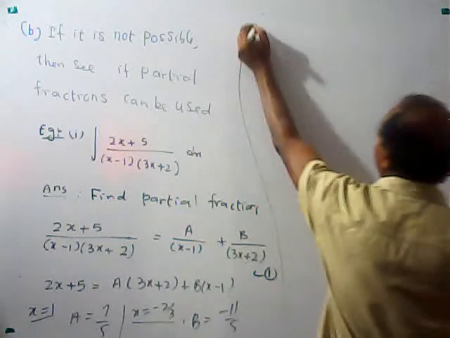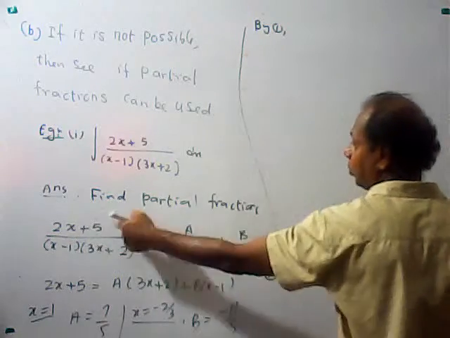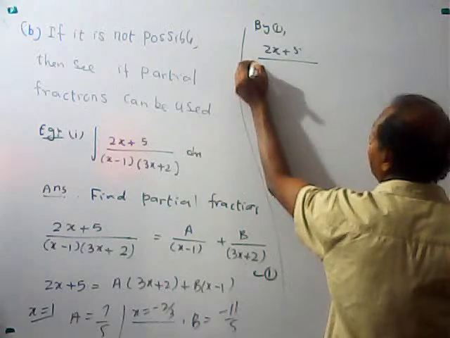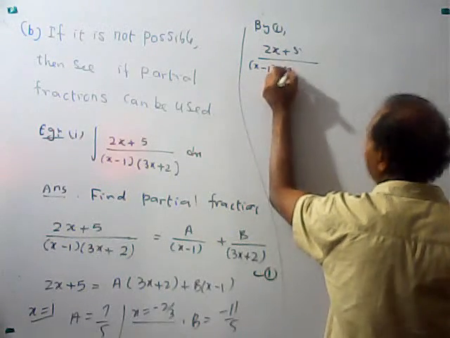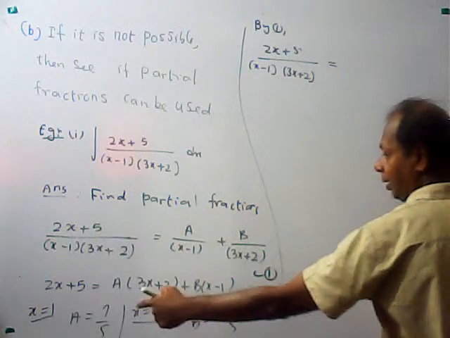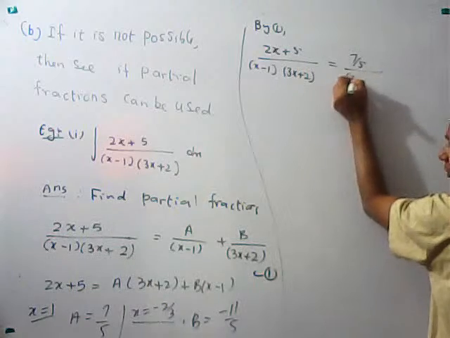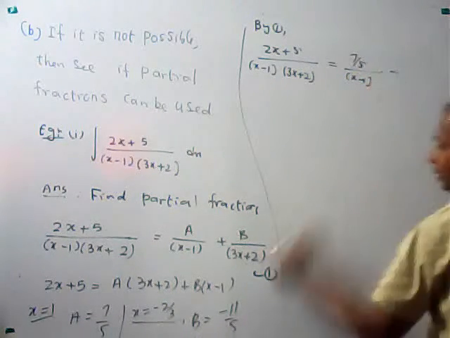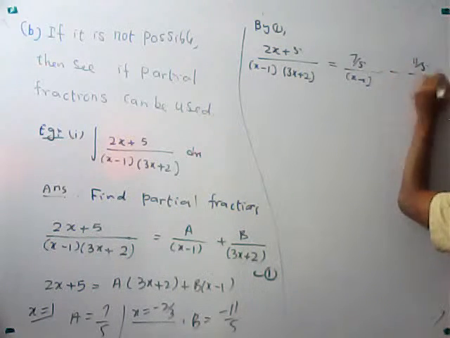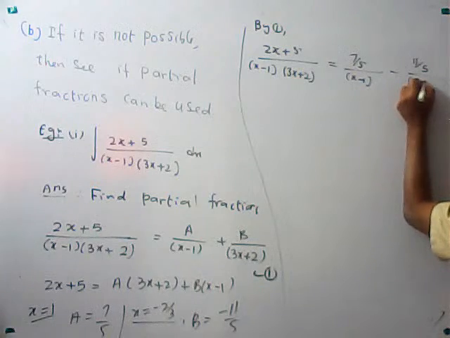Substituting, (2x + 5) over (x - 1)(3x + 2) is equal to A, which is 7 over 5, over (x - 1), plus B, which is minus 11 over 5, over (3x + 2).